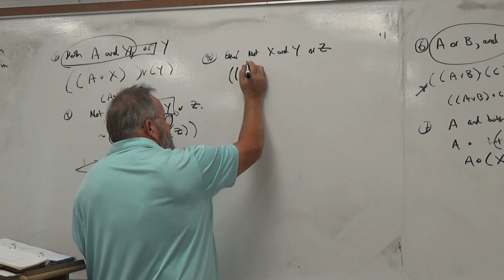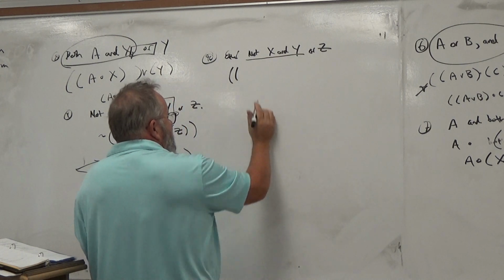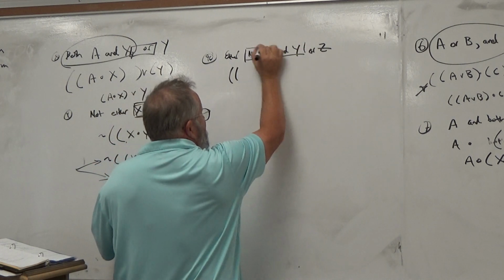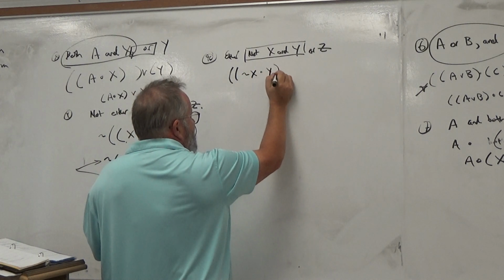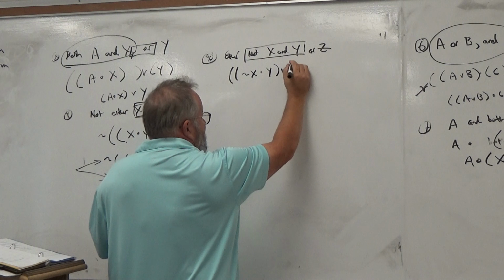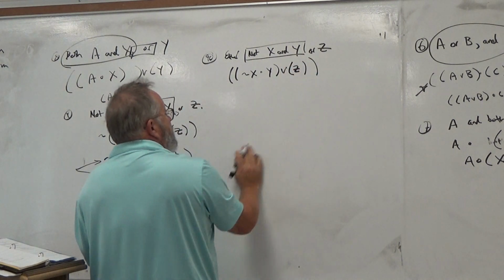And then it says, let me look for the or, oh, it's to there. So all this stuff stays together, and it's not X and Y. And now I have the or, and I'm starting a disjunct, so Z, and I'm ending a disjunct, boom, there it is.